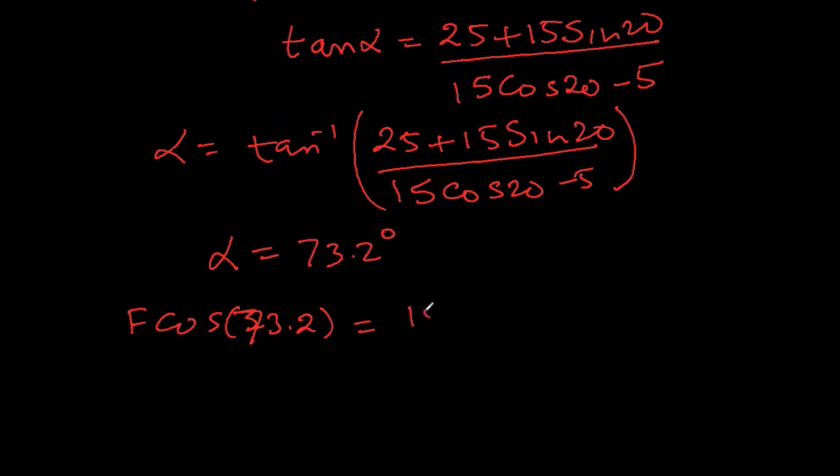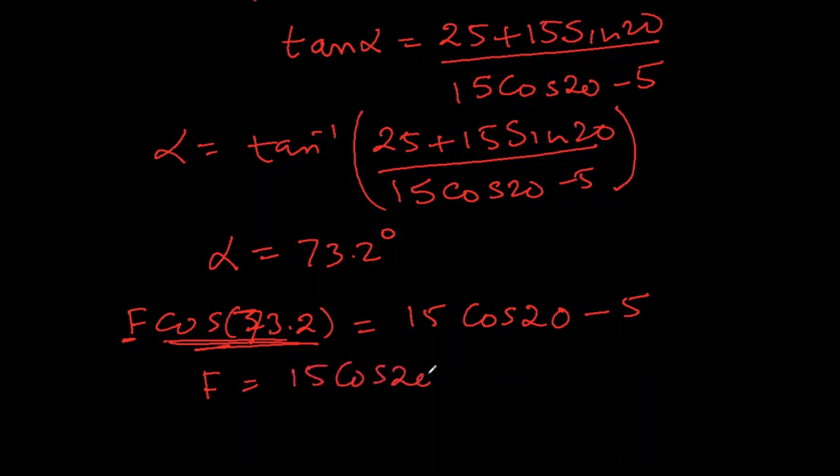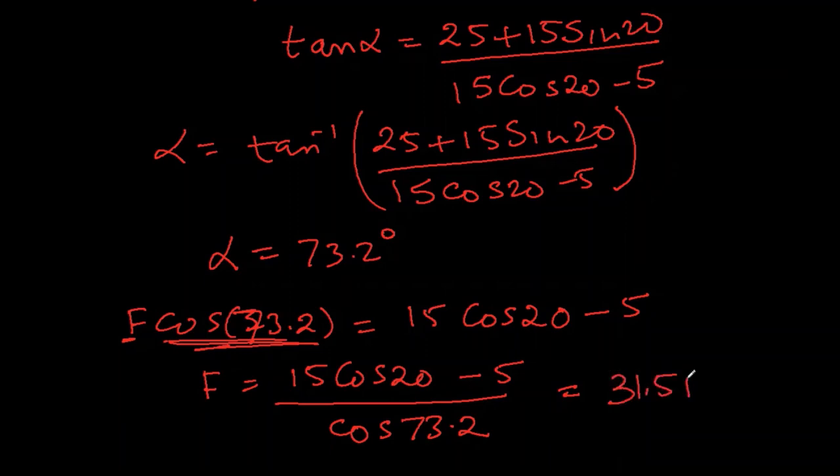So F will be, this will divide to the other side because they are multiplying, 15 cos 20 minus 5 over cos 73.2 degrees. Put this in a calculator and you get your answer. What I got was 31.5 newtons.